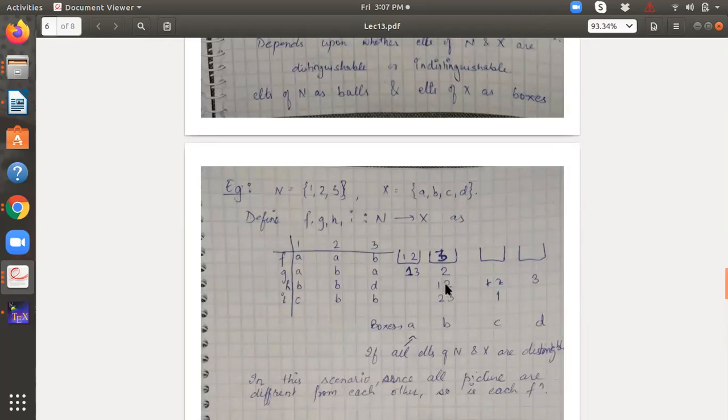H sends two balls to one box, one ball to another box, and two boxes are empty. I also does the same. So when the elements of n and elements of x both are indistinguishable, then which functions are equivalent?